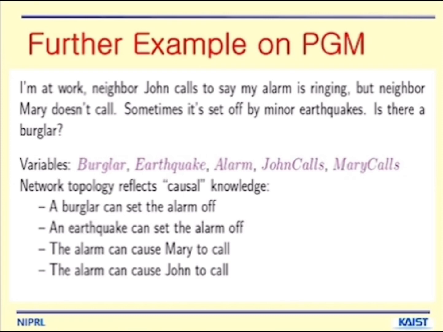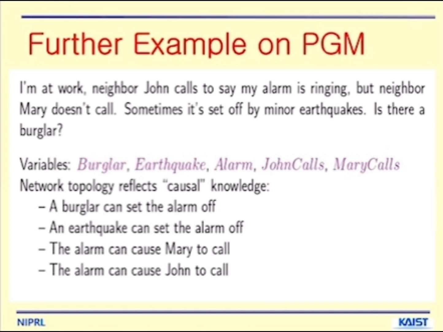Now, we need a network topology to represent causal knowledge. If you ask how we get the structure that we normally have, we base it on expert knowledge, domain knowledge of the relationships that exist among variables.